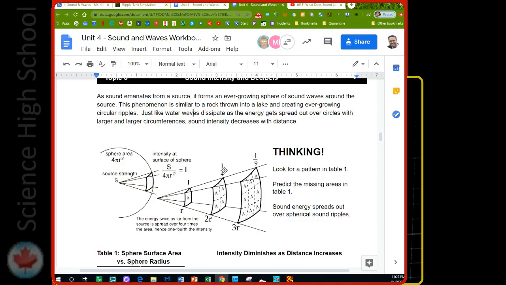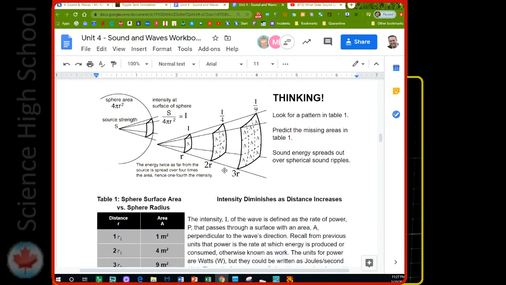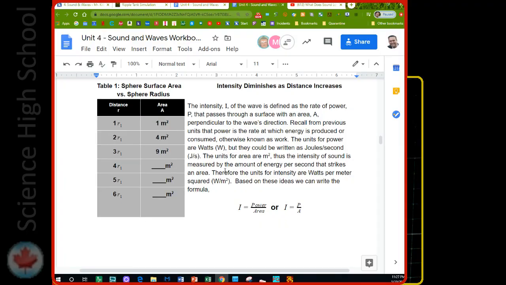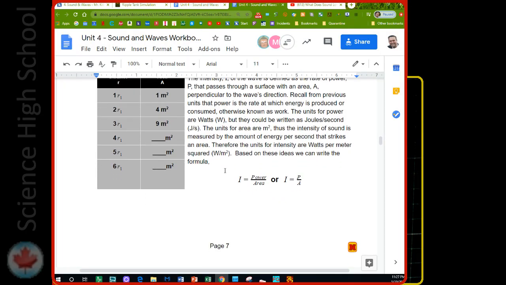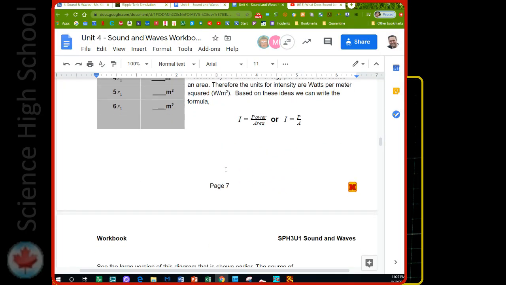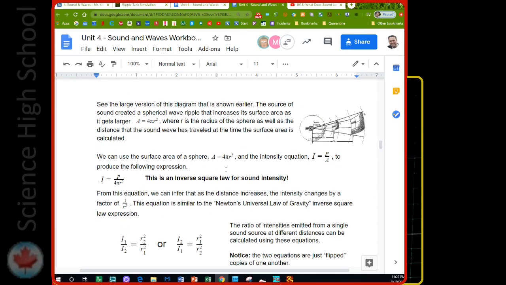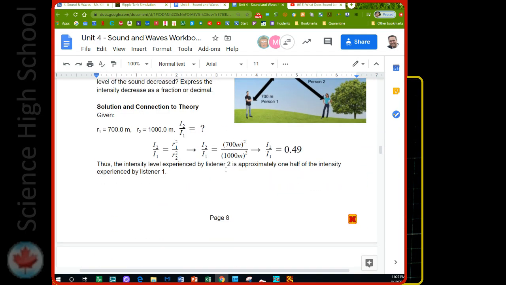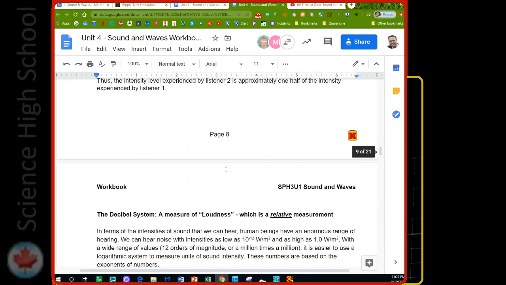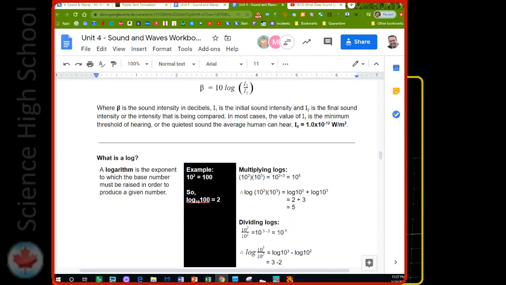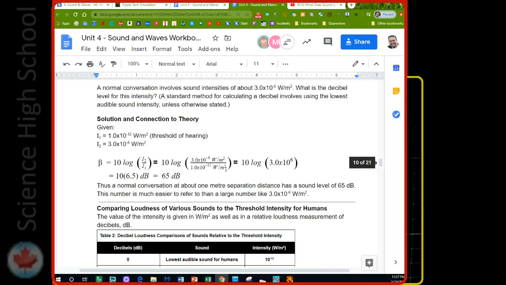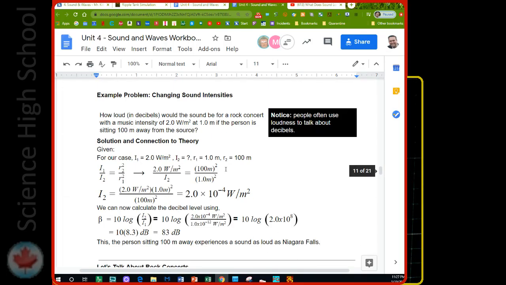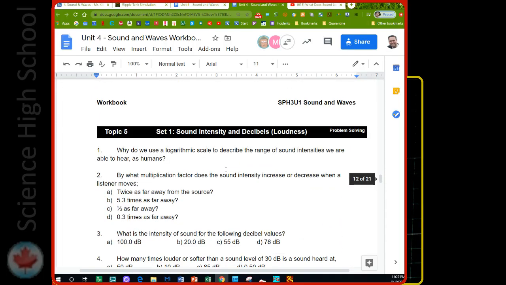If you go to topic 5 and flip through it, you'll see a little bit of a re-explanation of what I've talked about here. It is worth reading through and understanding it, and it'll work as a foundation with examples for going on and doing the questions that I'm assigning.